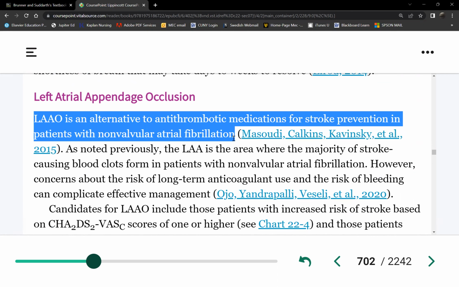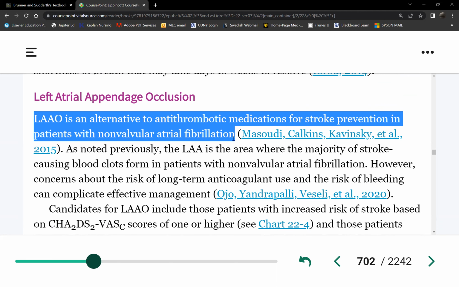Let's say the patient's 80 years old and has dementia. Are they good candidates for blood thinners? No. I mean, these patients are going to fall. You know what's going to happen. They'll bleed. So high risk for bleeding, especially if they've had intracranial bleeding episodes in the past, so anticoagulation is not a good idea.